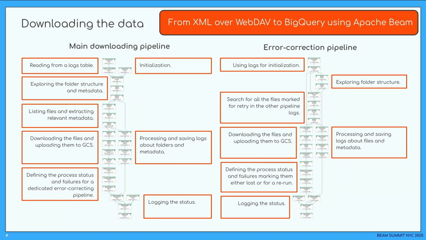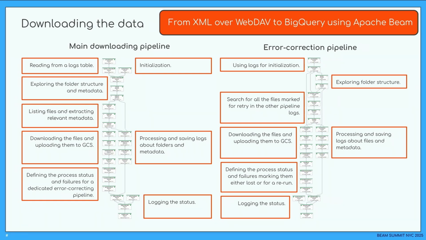After reading the logs table, it starts exploring the folder structure of the file system with some list calls. As soon as it finishes, it extracts the relevant metadata, and then proceeds to download and upload files to the bucket.